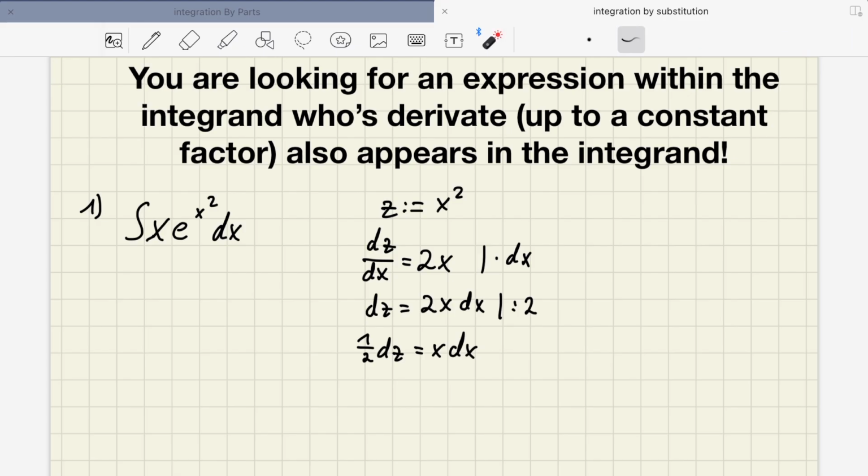So what we now can do is we look for x dx, which is here to be found, and we replace it with this term. On top, we substitute x squared with z.